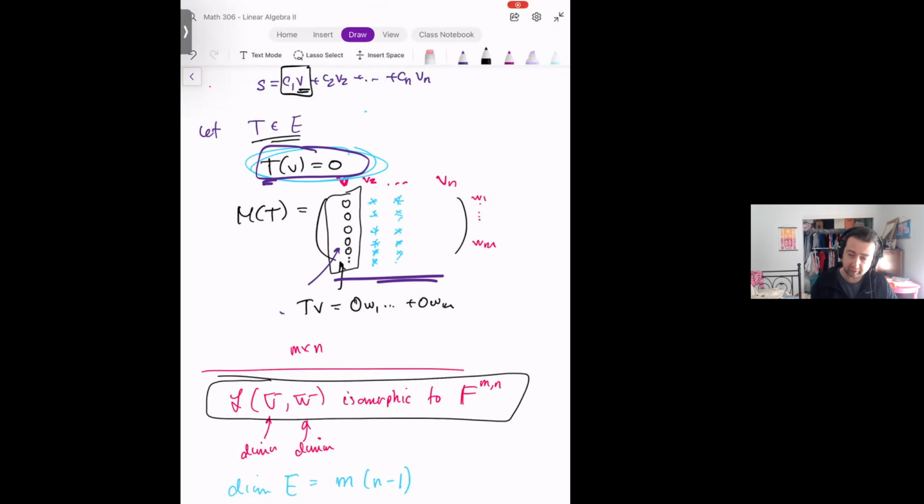As soon as I know the dimension of V is n and the dimension of W is m, I can think of the elements of L(V,W) as being m by n matrices. And I can go back and forth from the maps to the matrices and from the matrices to the maps. Each map uniquely has a matrix, and each matrix uniquely represents a map.